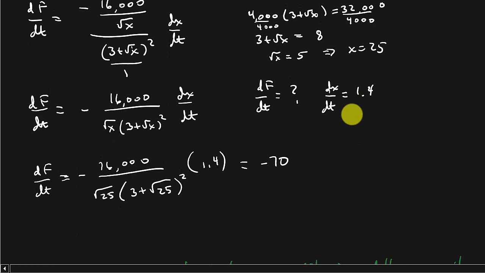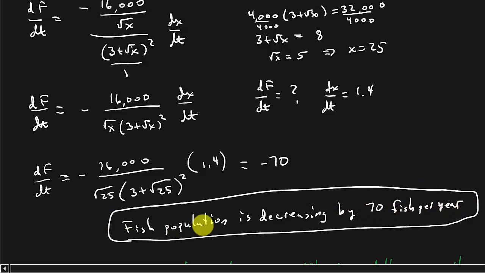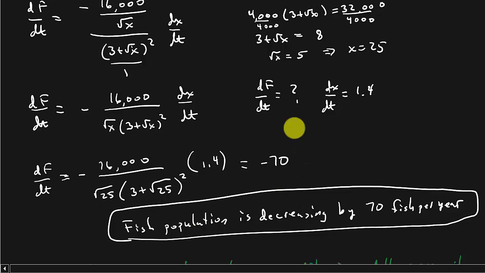And so what does this mean? It means that the fish population is decreasing, right? It's decreasing by 70 fish per year. And that's what they want to know.